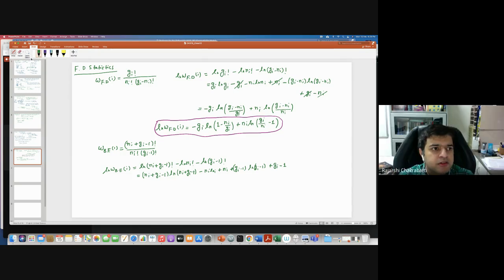The problem with this eraser is it takes a lot of time to come. Because it will be minus (g_i minus 1) ln (g_i minus 1).